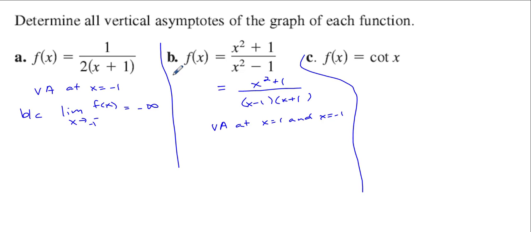At f of 1, it's undefined, and at f of negative 1, it's undefined. The function. Okay, you could say f of 1 is undefined, f of negative 1 is undefined. You can say f is undefined at x equals 1 or x equals negative 1. Okay, cool. So if it fails the first part, just state that. Yes, I agree, the limits do not exist at negative 1 and 1, but you could just define by the first part.